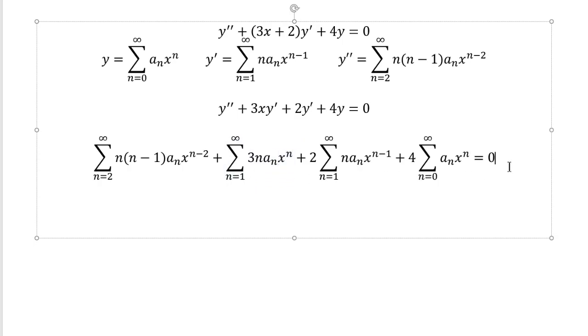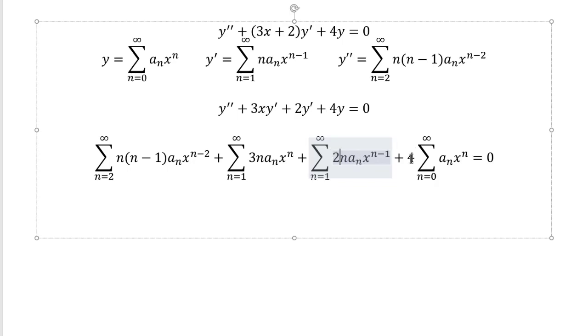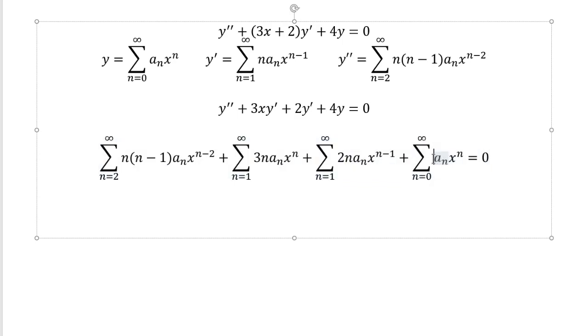So yeah. x times x to the n minus 1 is the same as x to the first power times x to the n minus 1, so that the powers add up, so you end up with x to the nth power, just like that. So that's why I wrote down x to the nth power. 2 can also be moved inside, and then 4 can also move inside, so I'm going to move all these inside.